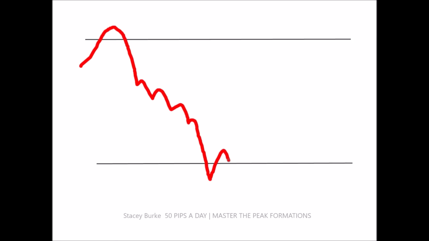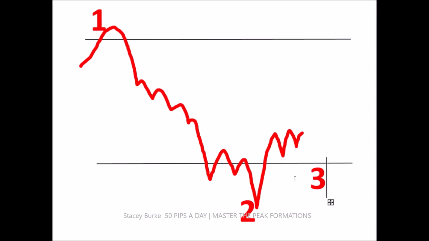Into the new day, we get a peak formation low in Asia for a potential trade setup in the London session. We could call that a 1, 2, and then the thesis going into the next session is that I may get a 3 for a pullback long trade in the London window.